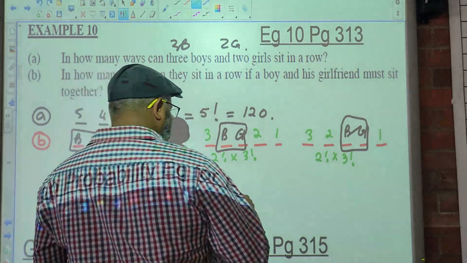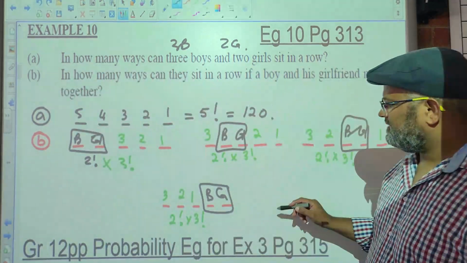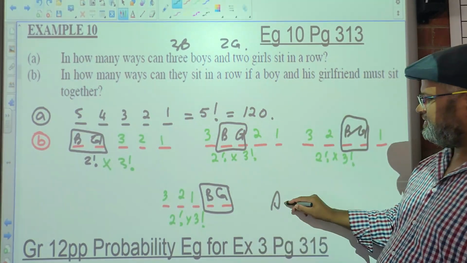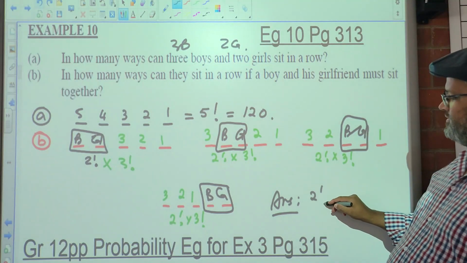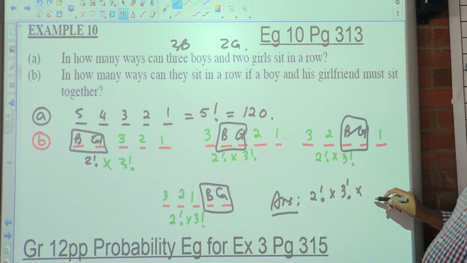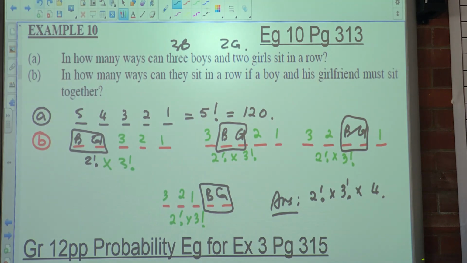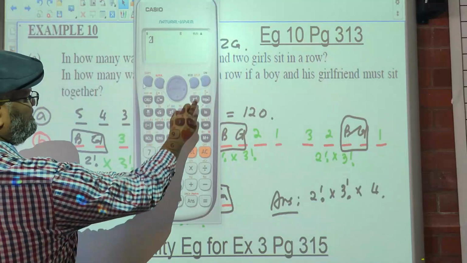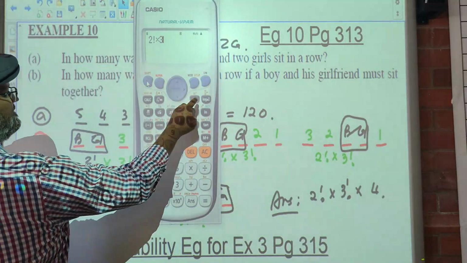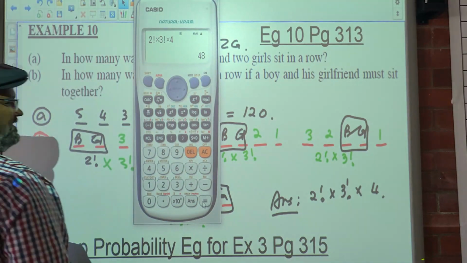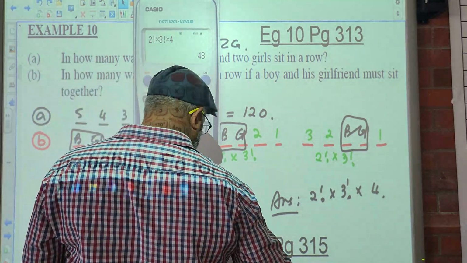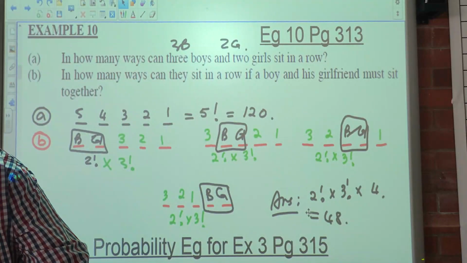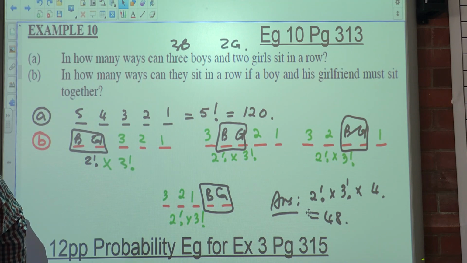So in other words, this sum here is simply 2 factorial times 3 factorial times 4. I almost think it's 4 factorial, but I'll check now. So how many ways can that happen? 48 ways. Let's check if that answer is correct. Should be. So 48 ways.